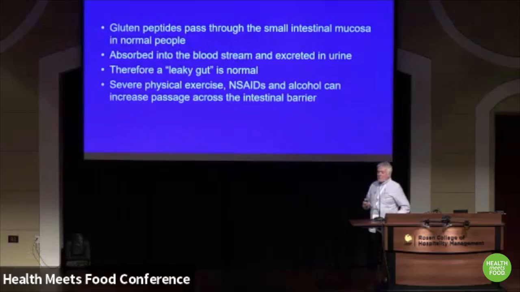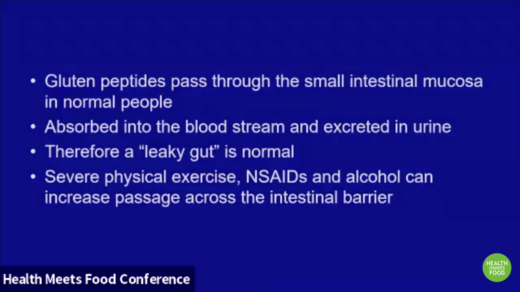So these gluten peptides pass through the small intestine all the time, and they're absorbed into the bloodstream. You have a sandwich out there, and you can go and pee later on in the afternoon, and you're peeing out little gluten molecules. That's uniform. Therefore, a leaky gut is a normal phenomenon. That's not a disease. A lot of non-traditional medical practitioners are telling people they have leaky guts.